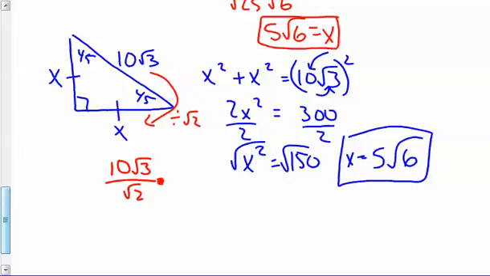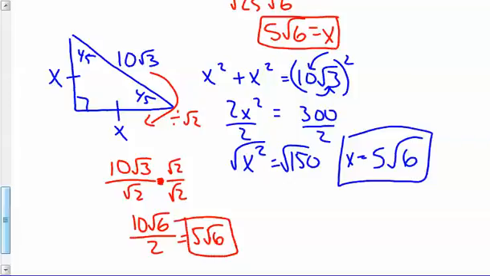Can't divide the 3 by 2, so multiply by root 2 over root 2, and you get 10 root 6 over 2, which is 5 root 6. And that's how you solve this special right triangle, by using the ratios, right?